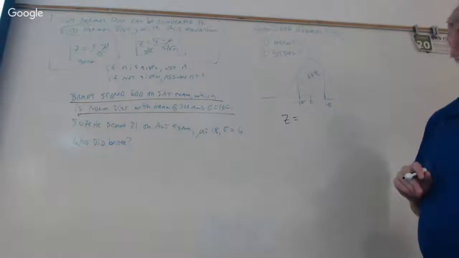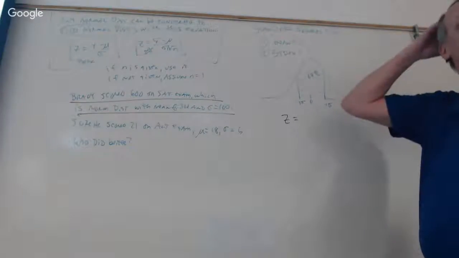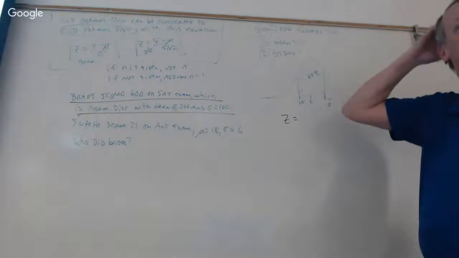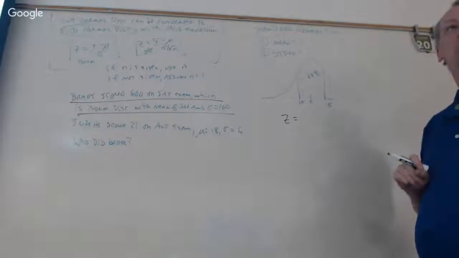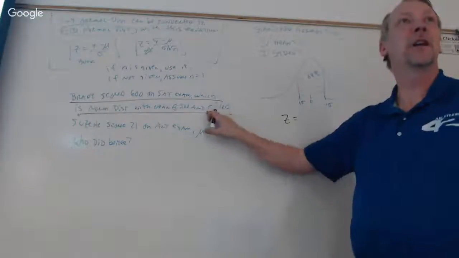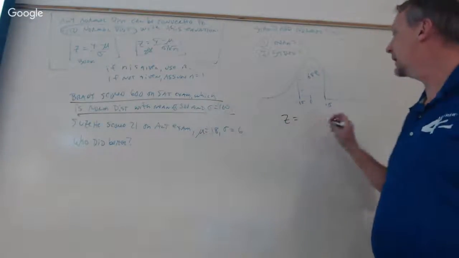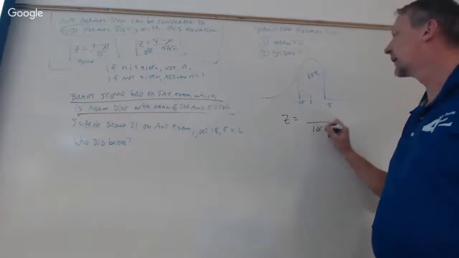It's X or X bar. What is your X bar? Well, we know that sigma is 100, so that can't be X bar. The 100 is going to go in the denominator.